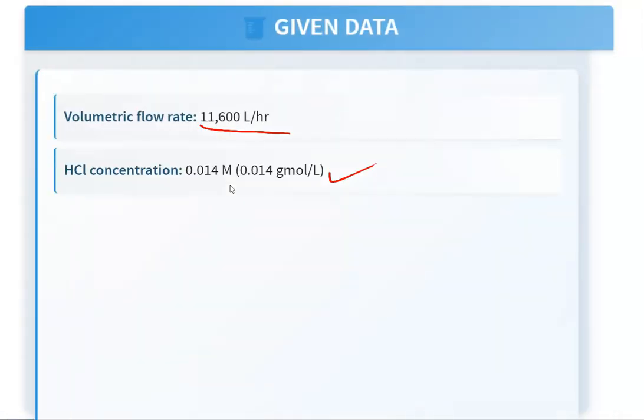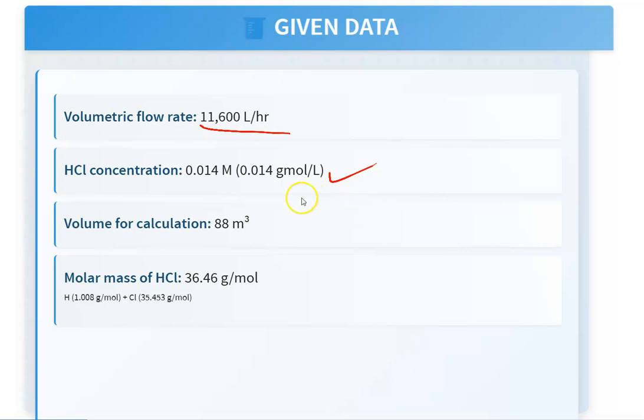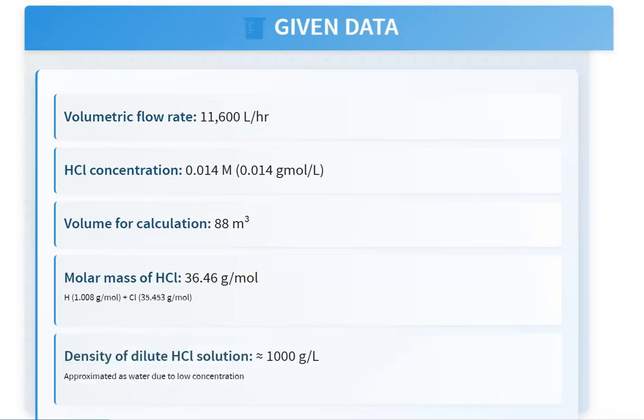Then the molar mass of HCl: H is 1.008 gram per mole and Cl is 35.453, so the molar mass of HCl is 36.46 gram per mole. And the density of the dilute HCl solution is 1000 gram per liter, approximately that of water due to the low concentration.